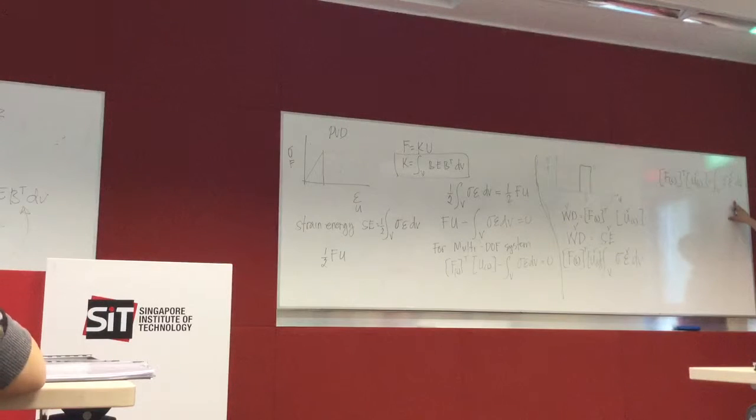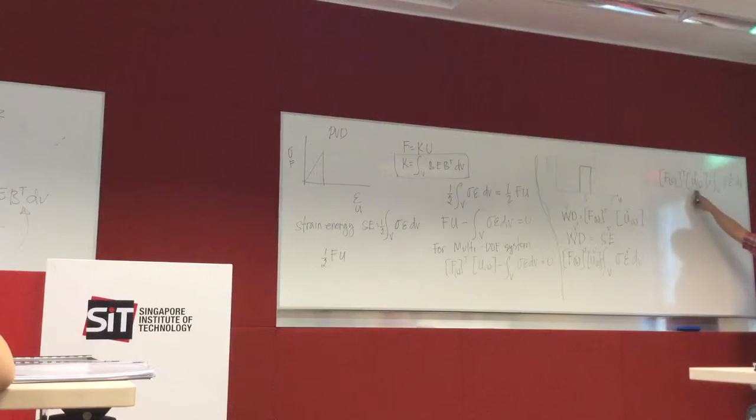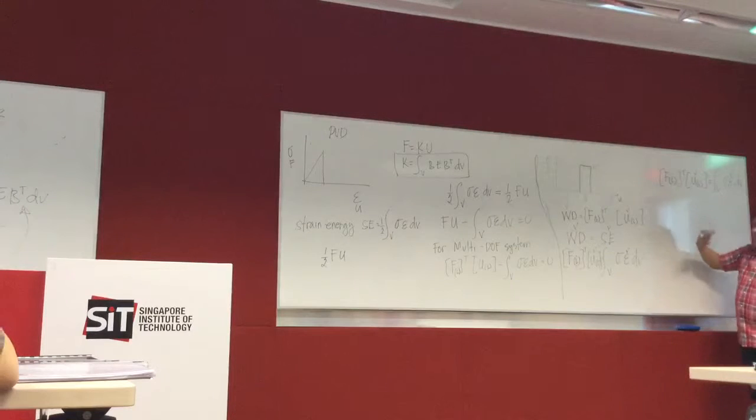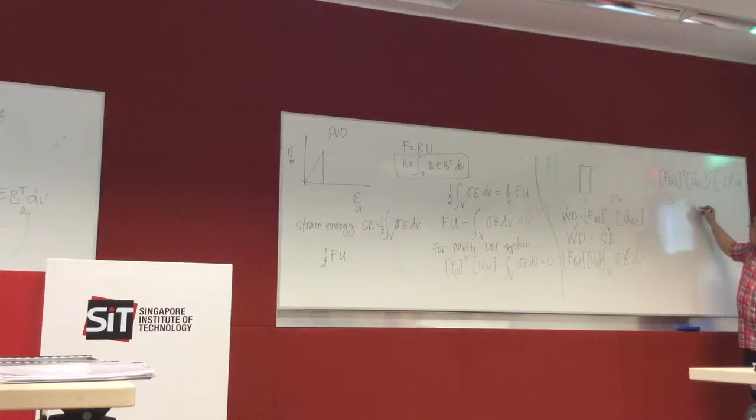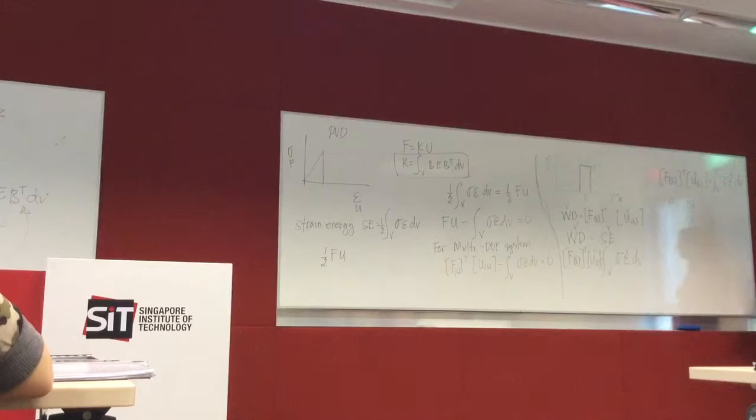Okay. So strain is virtual, displacement is virtual. If you have your displacement as virtual, let's have a look at our strain. So your strain is equal to du dx, yes?